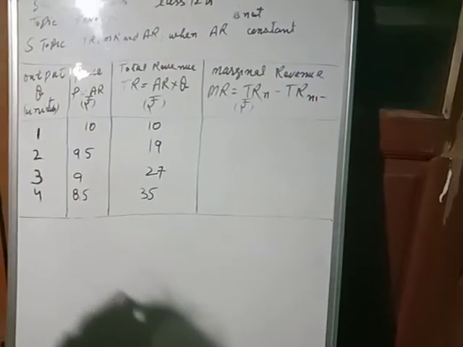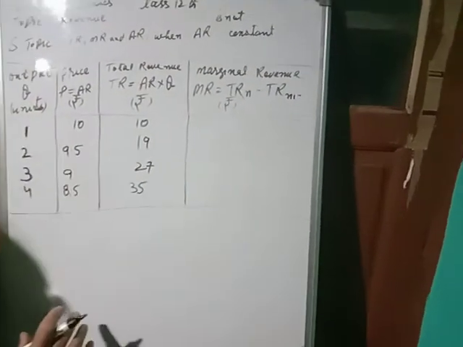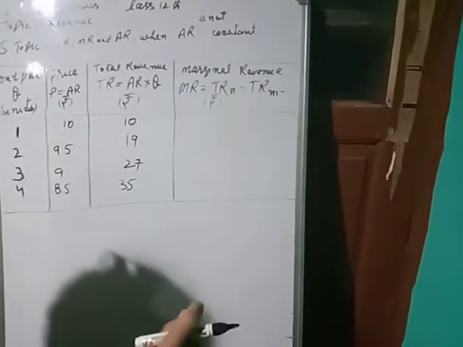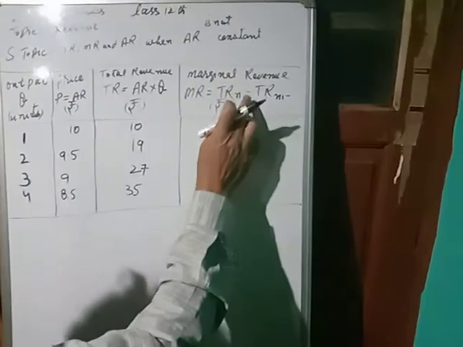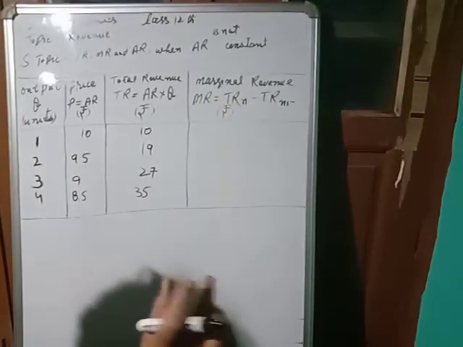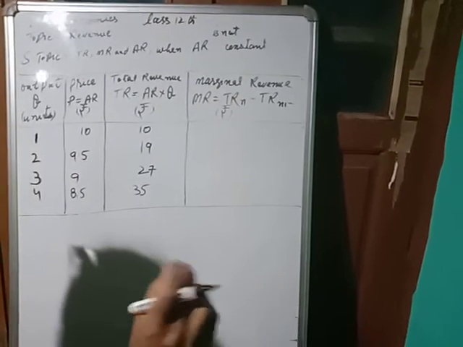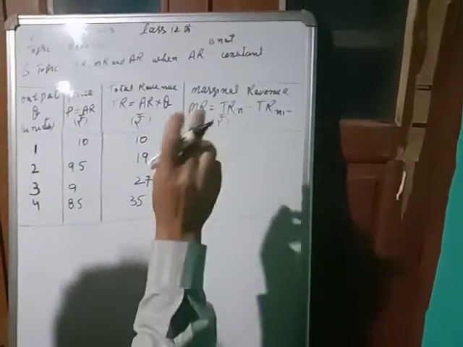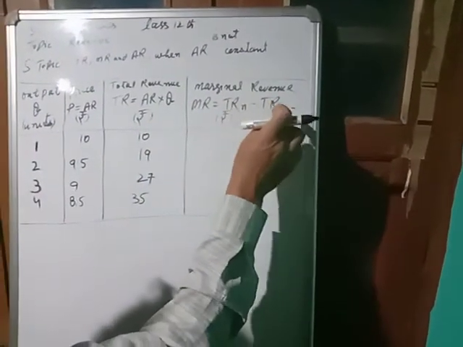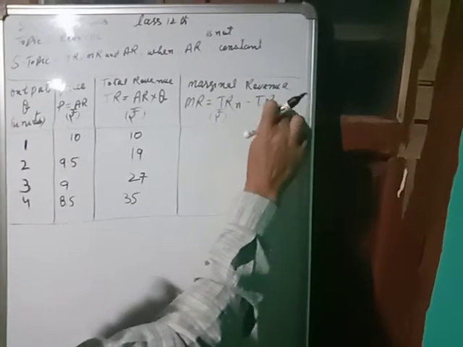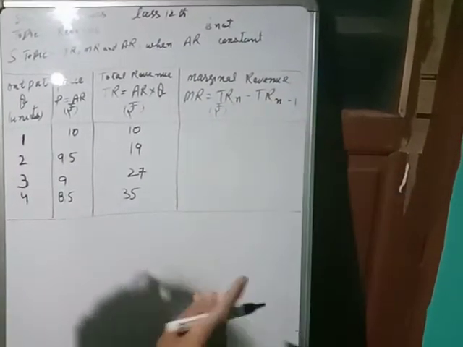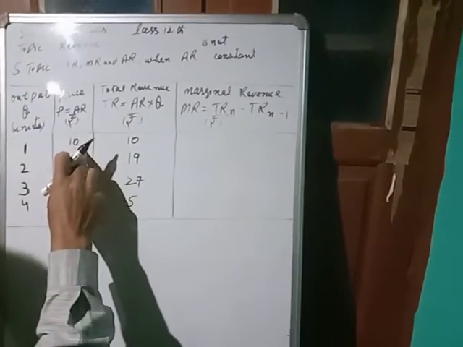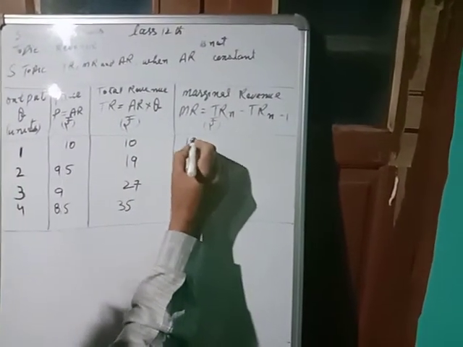Simply, as we are repeating it, marginal revenue is equal to TRn, the total revenue of n units, minus TRn minus 1. What is marginal? The additional one. So when it is 10, it is also 10.